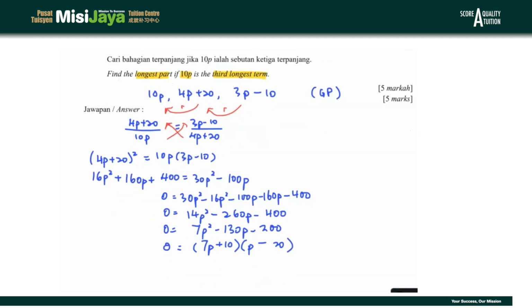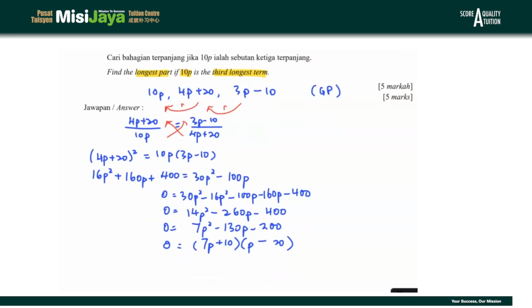When we factorize this, we're going to choose the p which is positive, because it cannot be negative for length. The first one is p equals negative 10 over 7, so this is rejected because it's negative. So our answer p will be 20. That will be the value of p.